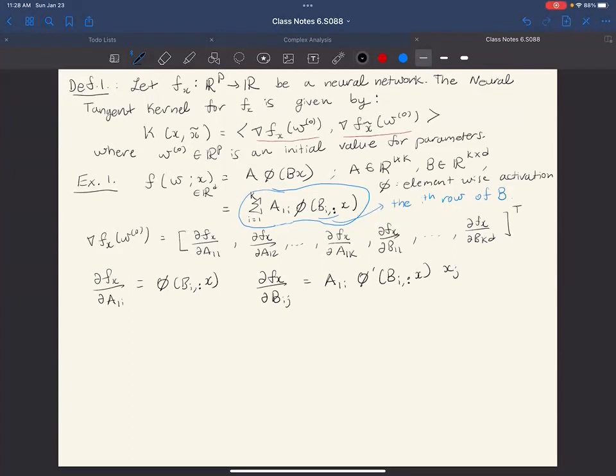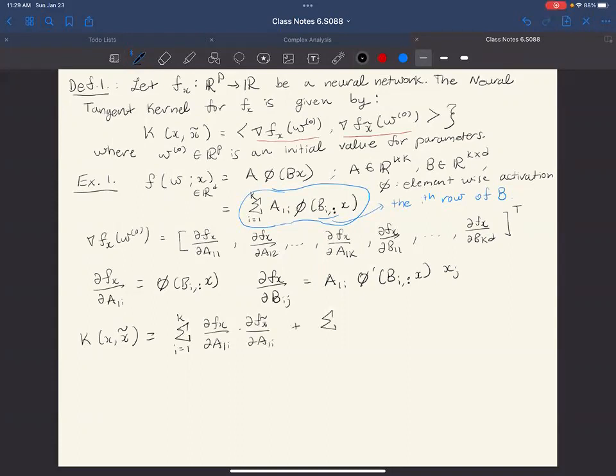Okay. And so now what I need to do is exactly compute up here this inner product for any two examples, x and x tilde. And so let's just do that. So k of x, x tilde. If I write out what this inner product is in terms of a sum of these products of partial derivatives, and group all the a terms together, this is just a sum from i equals 1 to k of partial f x, partial a1i, and partial f x tilde, partial a1i.